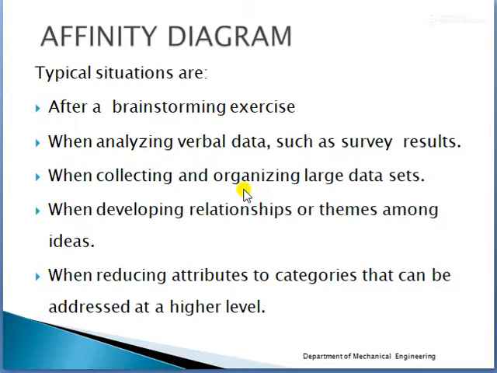Typical situations are often a brainstorming exercise, when analyzing verbal data such as survey results, when collecting and organizing large data sets, when developing a relationship or themes among ideas, when reducing attributes to the categories that can be addressed at a higher level.